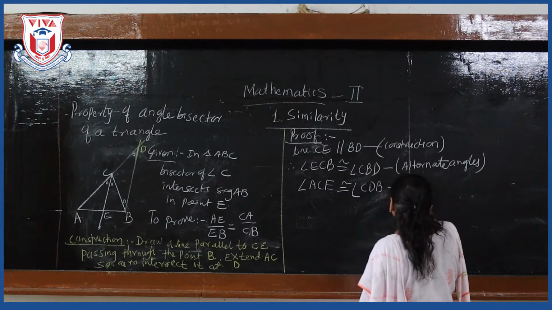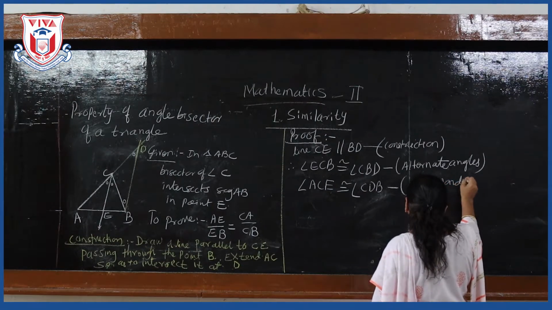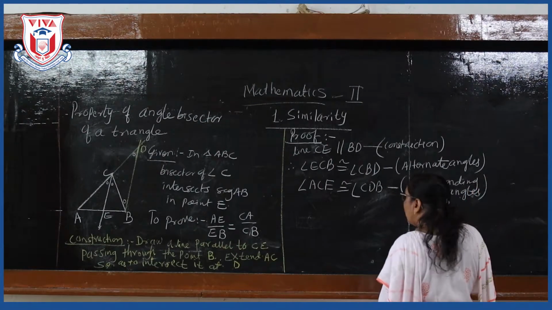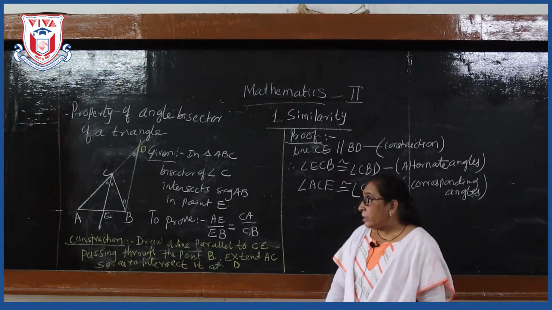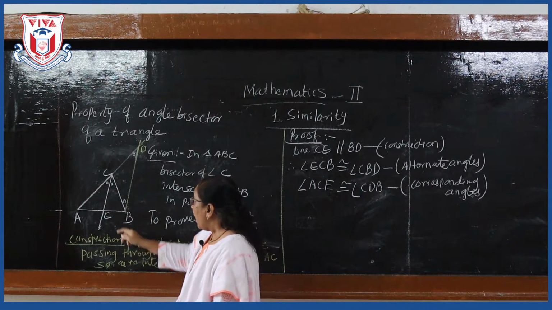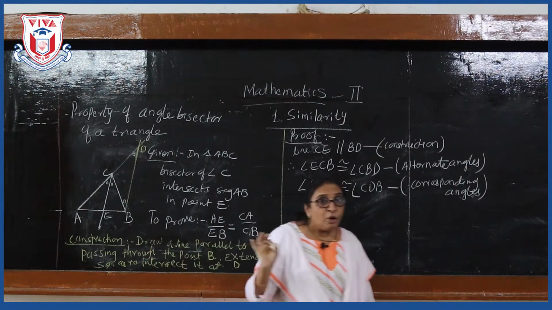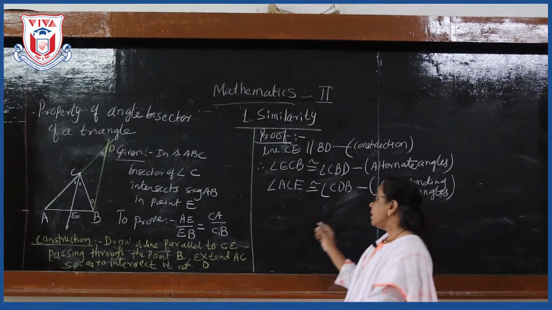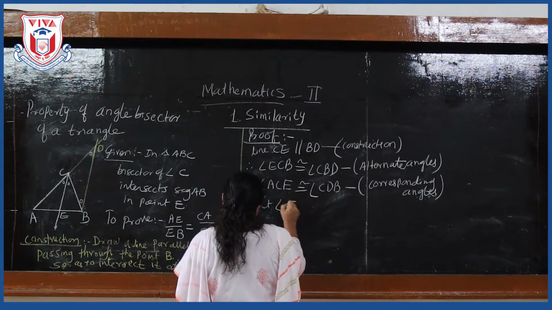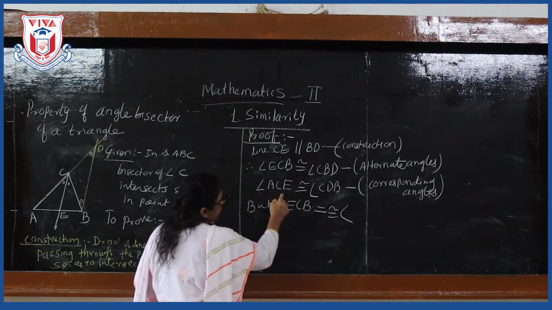It is the pair of corresponding angles. But as CE is a bisector, angle ECB and angle ACE are congruent, given.